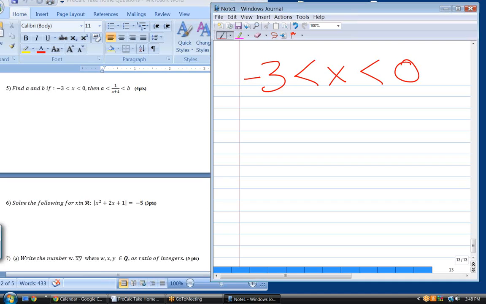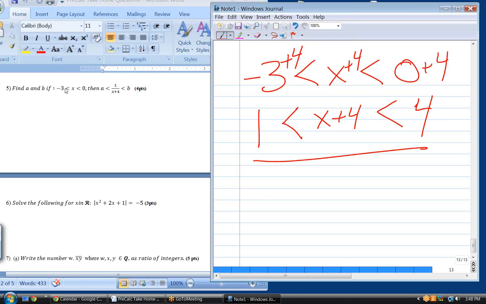So I can add 4 to that part, I can add 4 to that part, and I can add 4 to that part. Which gives me 1 is less than x plus 4, which is less than 4. So starting from this expression here, I can turn it into this expression. All I've done is added 4 to each of the 3 parts.